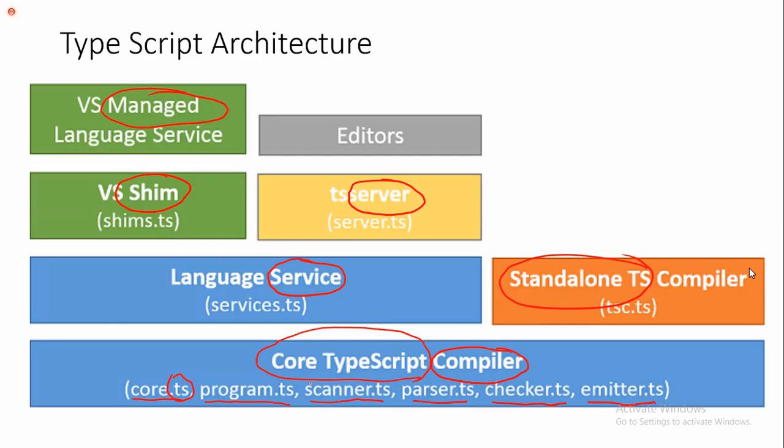Understanding the type and converting the type is done by the parser. The checker is responsible for verifying whether the memory allocated and the type of the value assigned are the same type or not.